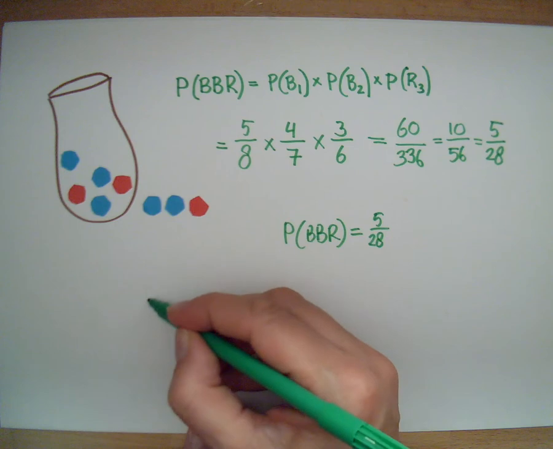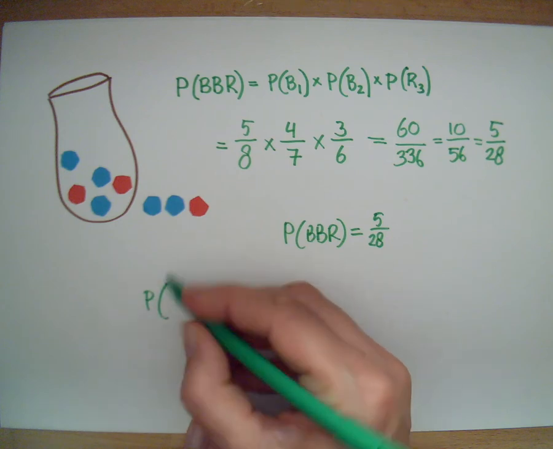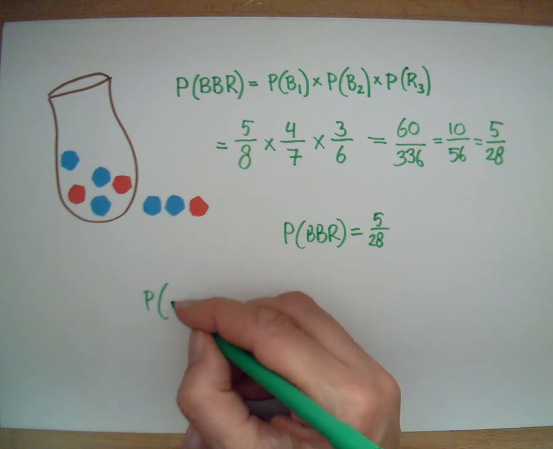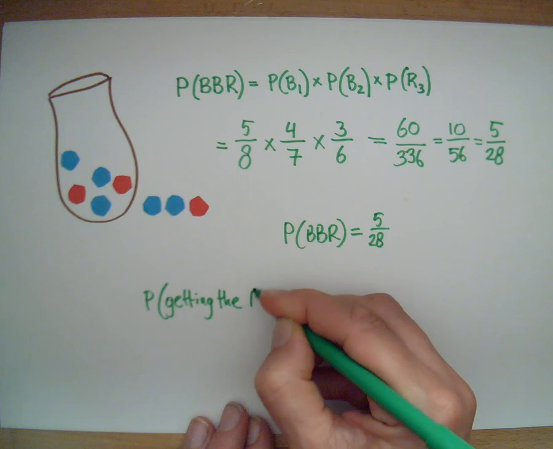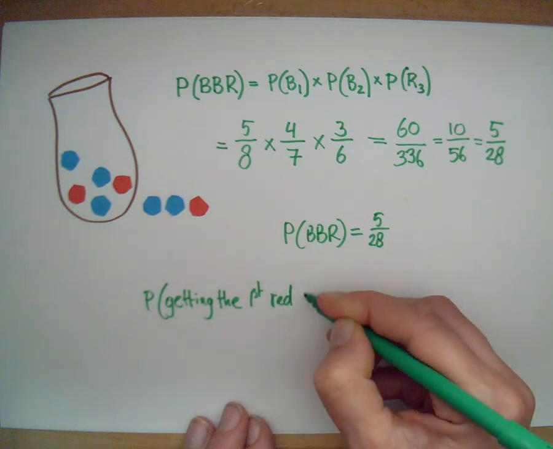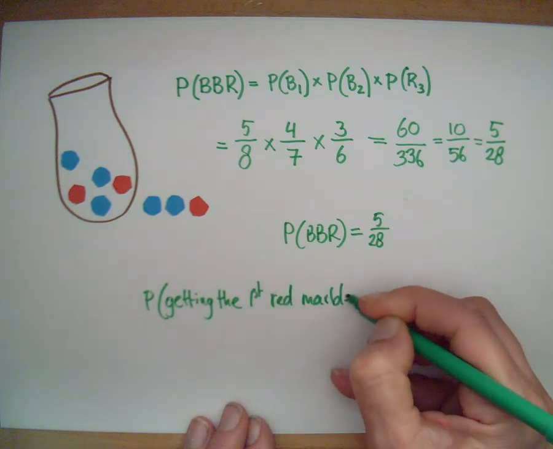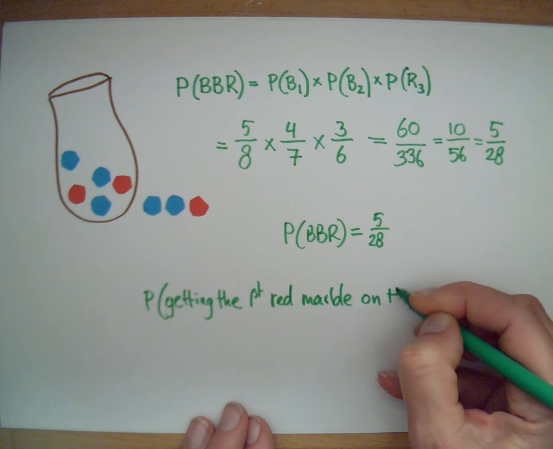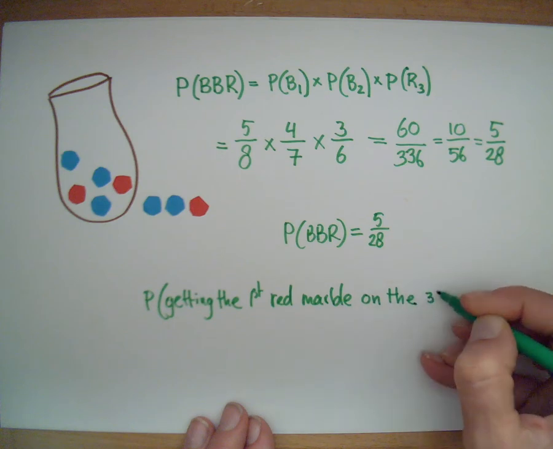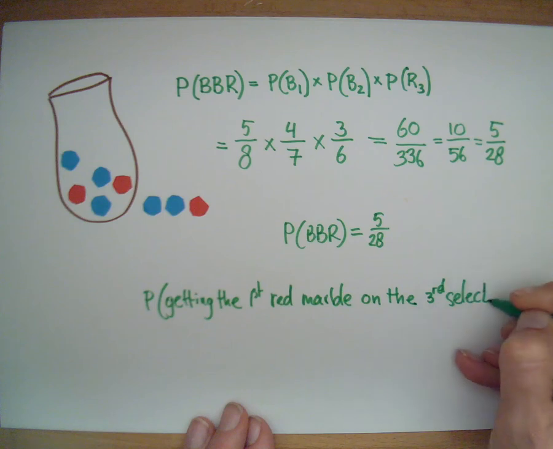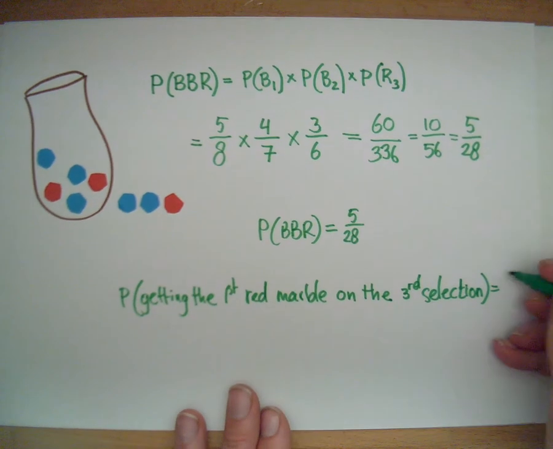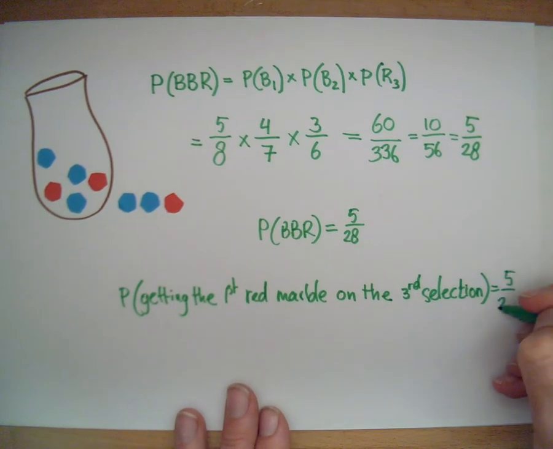Or I could say it more in words, probability of getting the first red marble on the third selection is equal to 5 out of 28.